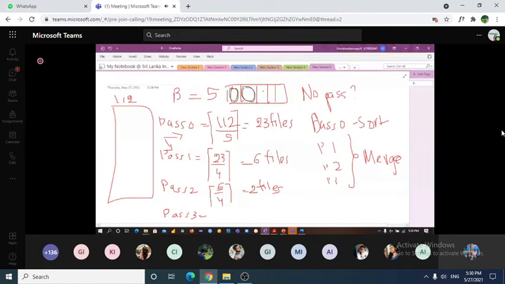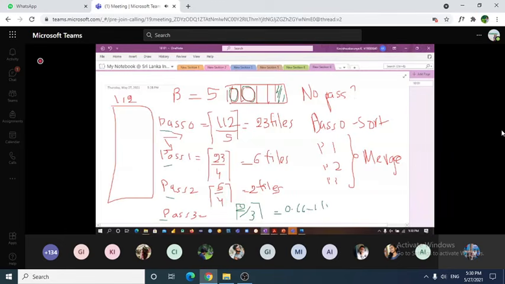So you need only 3 slots. You take 2 divided by 3 and the ceiling value. It results in 0.66, that is, one file is there. So how many passes? You add the pass 0 as 1. So you have 1, 2, 3 and 4. The answer is 4 passes.